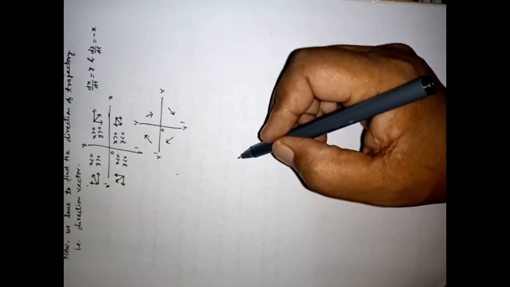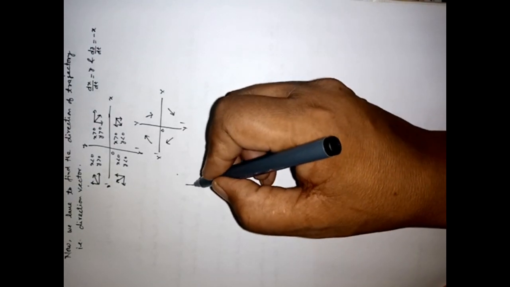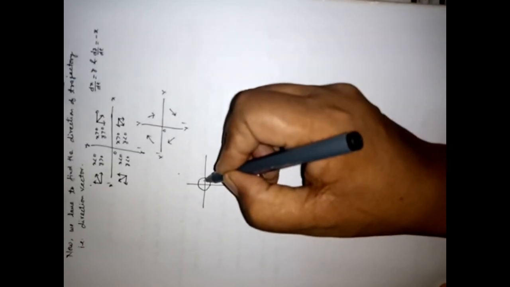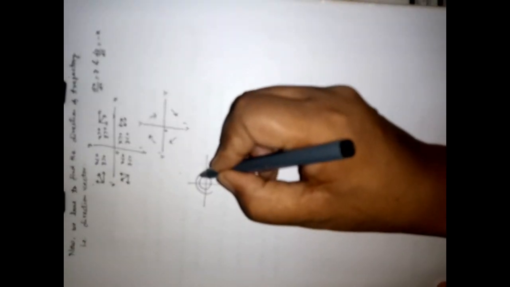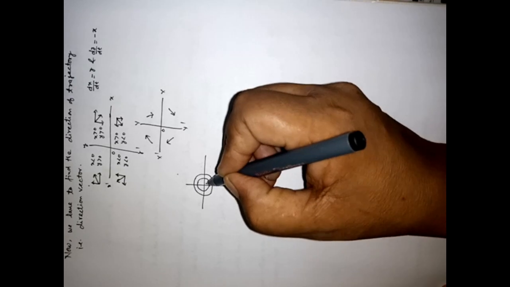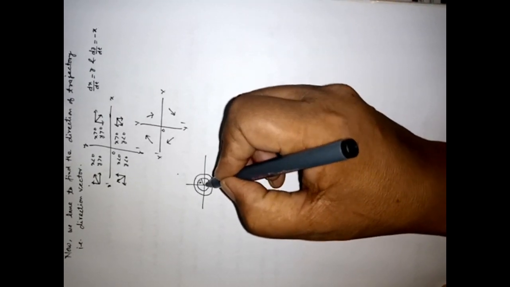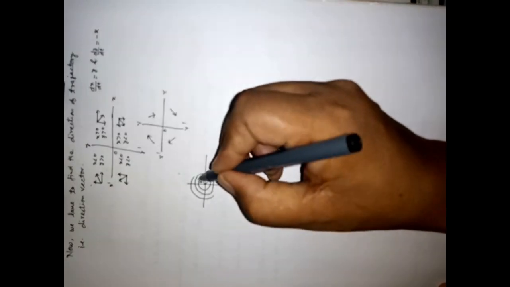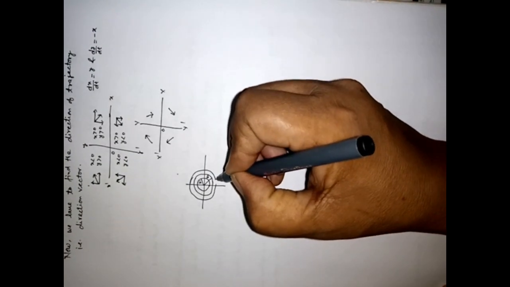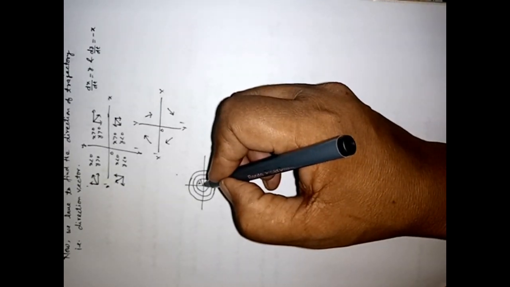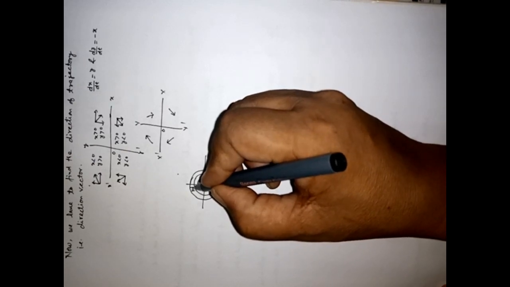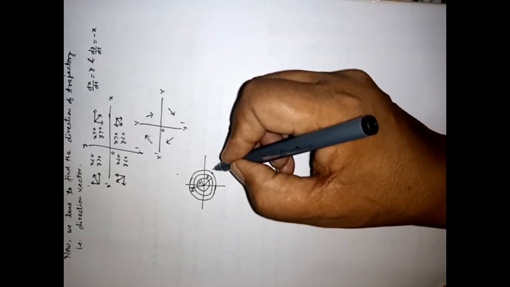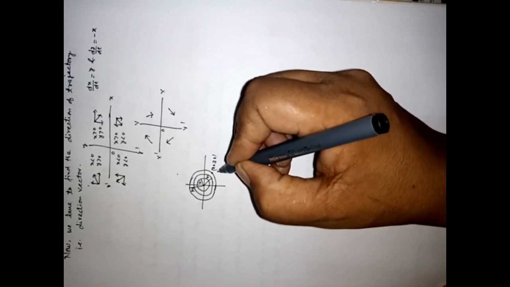Thus the direction of the trajectory, that is, this radius is suppose k1, this radius is suppose k2, and this radius is suppose k3, and here suppose the point be x naught, y naught.